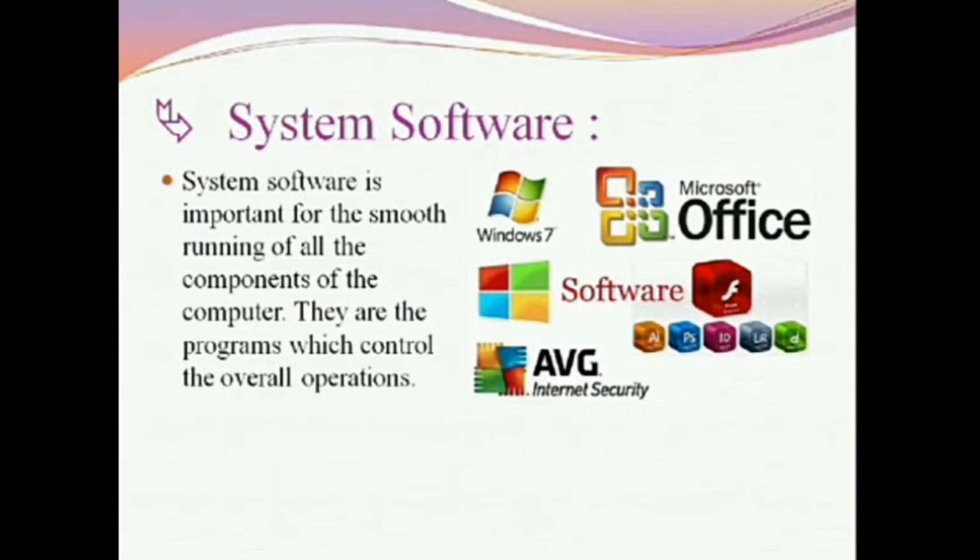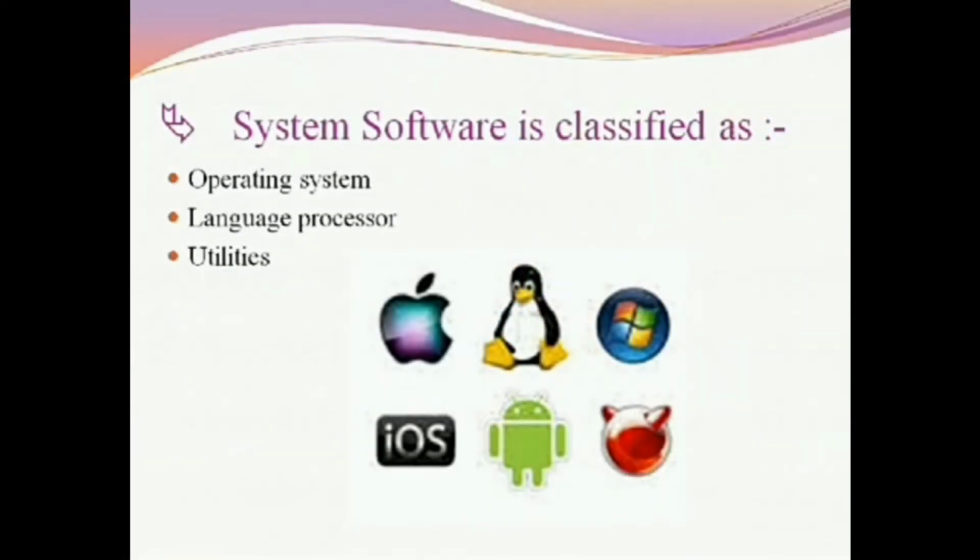As we see in this picture, Windows 7 and AVG software are the software which control many operations and many programs in the computer. Now we are going to learn about the classification of system software.